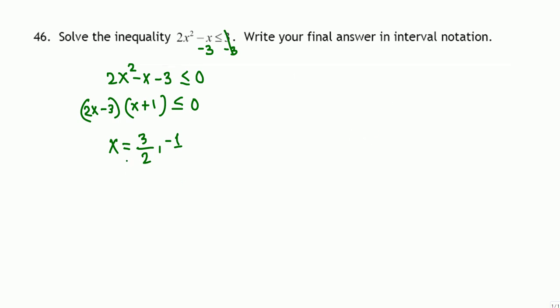Now we locate these numbers on the number line. The number line is negative infinity through positive infinity. 3 halves, negative 1. 3 halves is 1.5. Let's say here is 3 halves, and negative 1 is here.